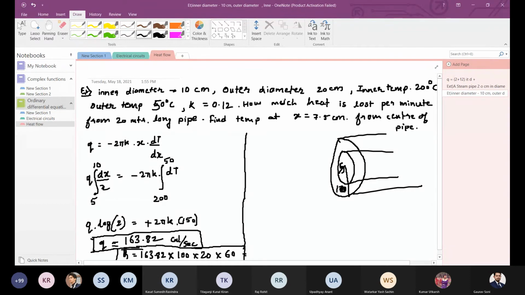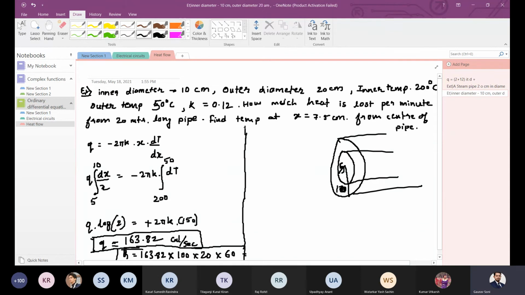So in the equation in which we integrated, we can change the limits of x from 5 till 7.5, I guess. And then we can also change the limits for the temperature, starting from the inner temperature till X, the value which we want to know. Yes, and then we can integrate and find the temperature.